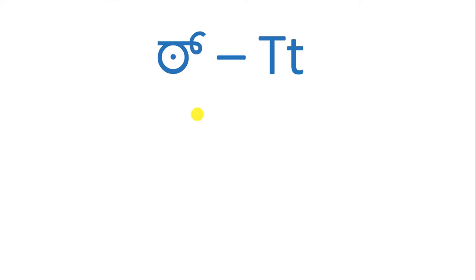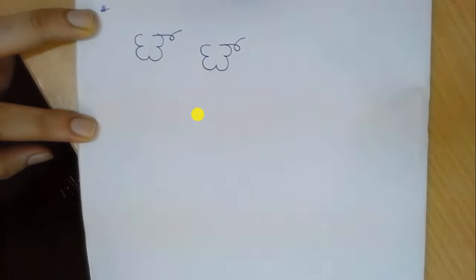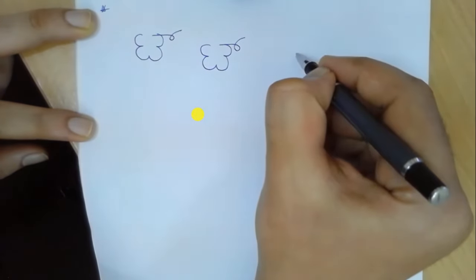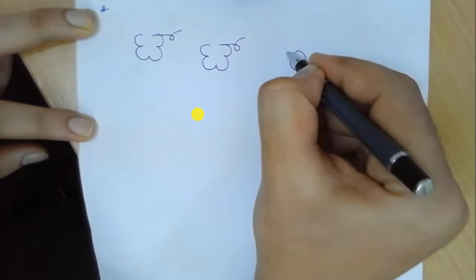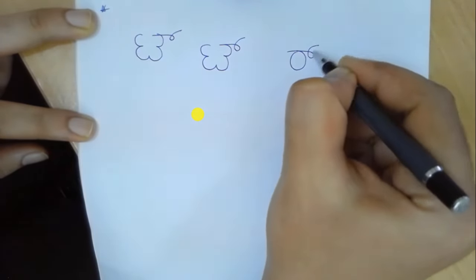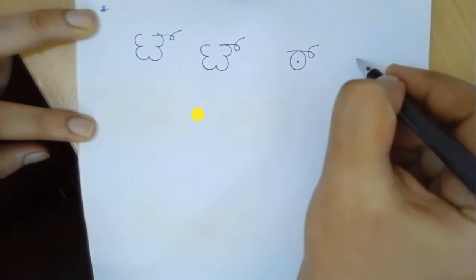So you have to remember this as is. Now let us see how to write this root consonant. The one on the left is t, and the one that I'm writing right now is the heavier version of the one on the left side.